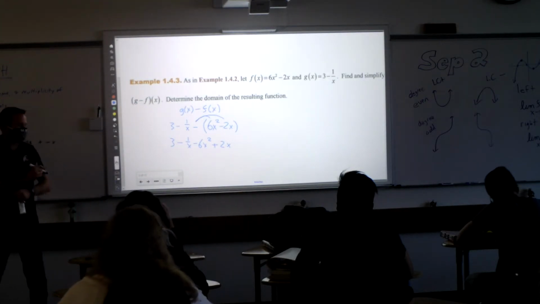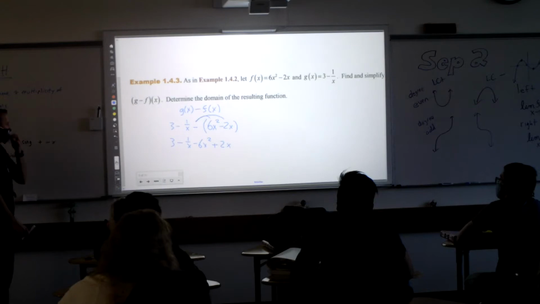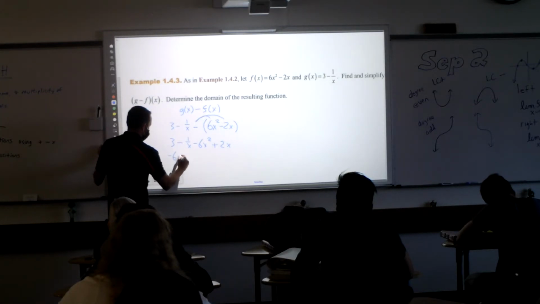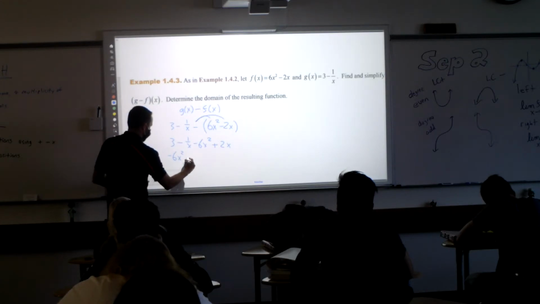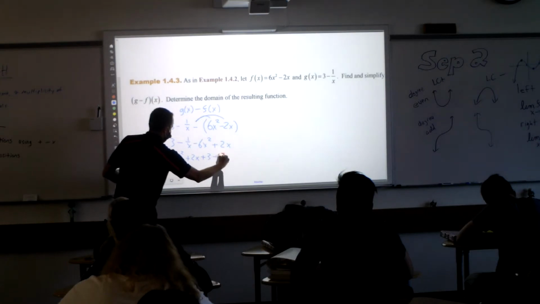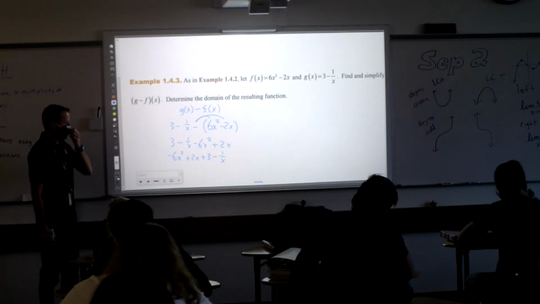Good job. Okay. Now, do we have any like terms? Can we combine anything there? Nope. So, maybe I'll just rewrite this so it's in standard form. We have the exponents go from high to low. But that would be g minus f of x.